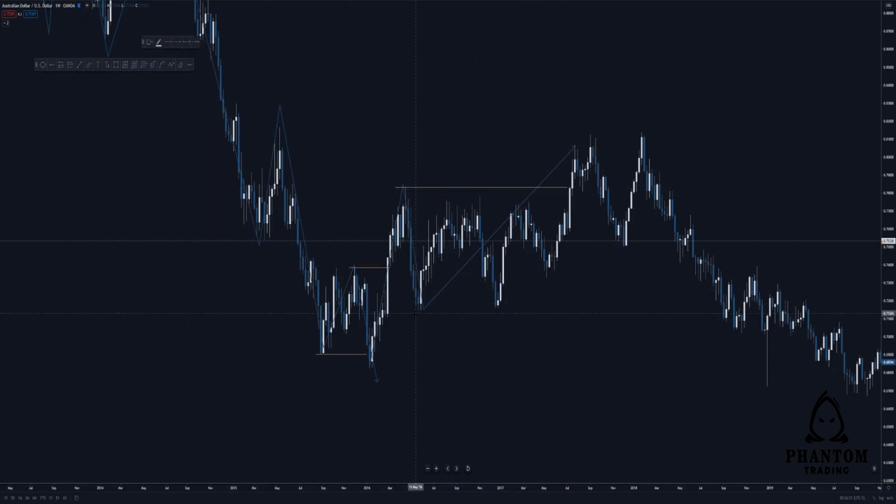Let's map it out real quick from wick to wick. Now, because price did all of this in here, but it never broke structure to the downside, and because it broke structure to the upside here and formed a lower high, the expectation remains.